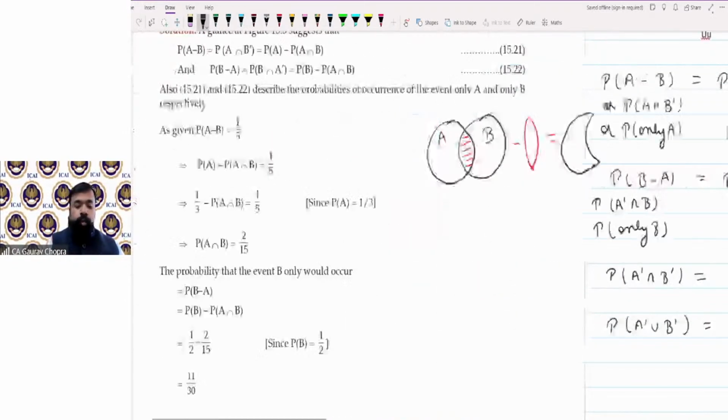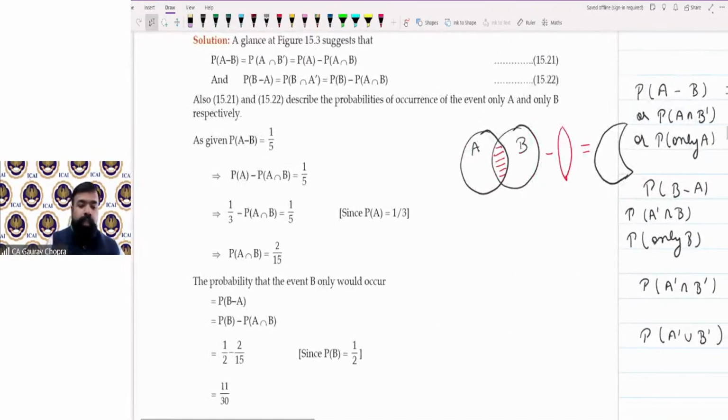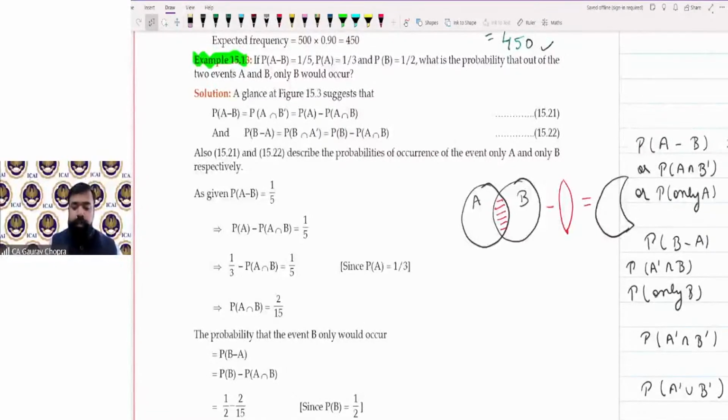Now, by using this formula, we can easily solve this 13th example. So let us try. So what is given here in this 13th question, A minus B is given 1 by 5. Then PA is given 1 by 3. PB is given 1 by 2.